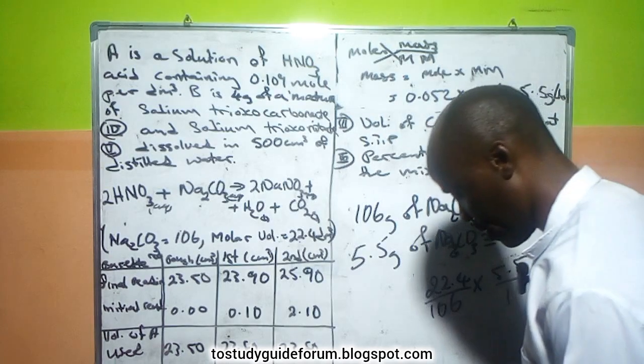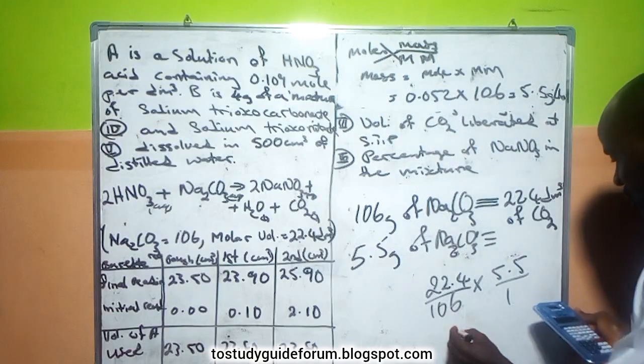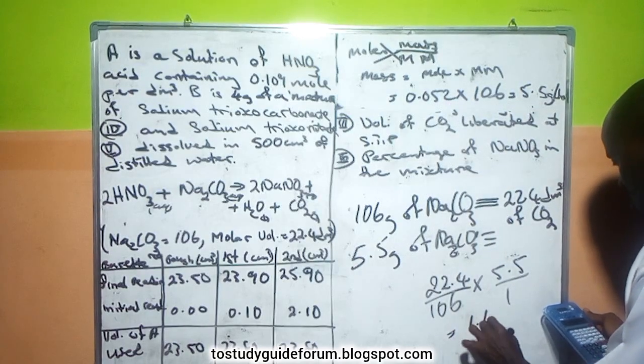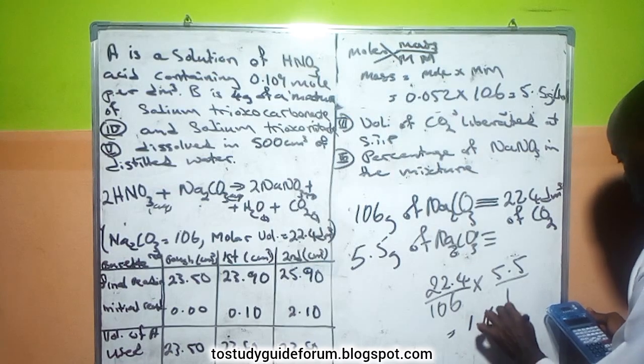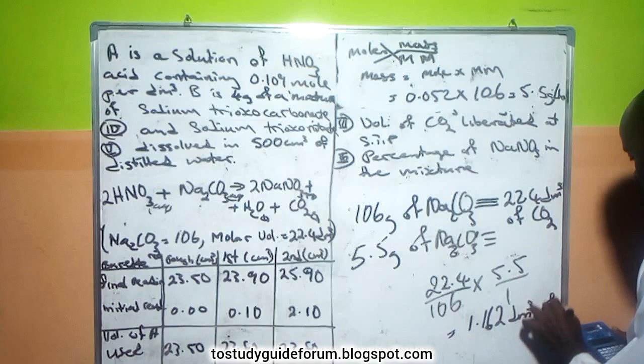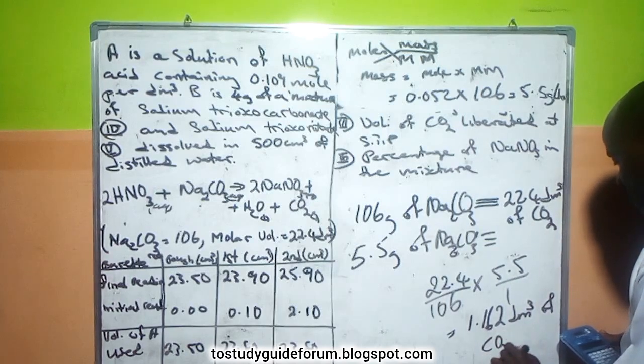So what we have here is approximately 1.162 dm cube of carbon IV oxide.